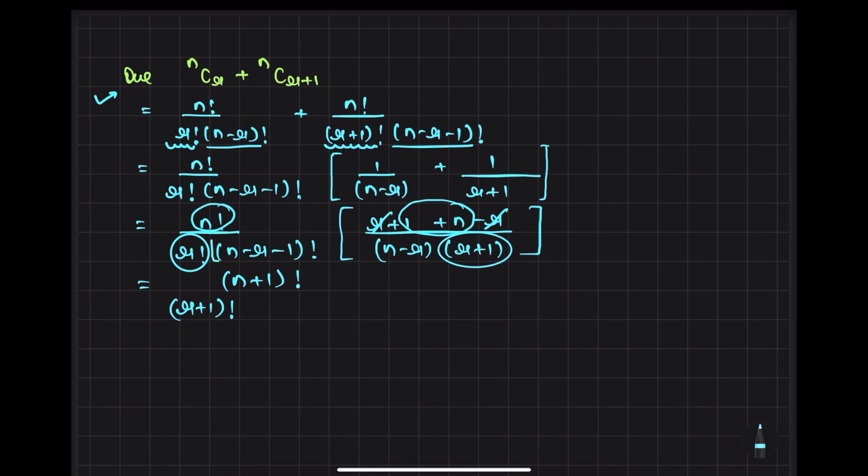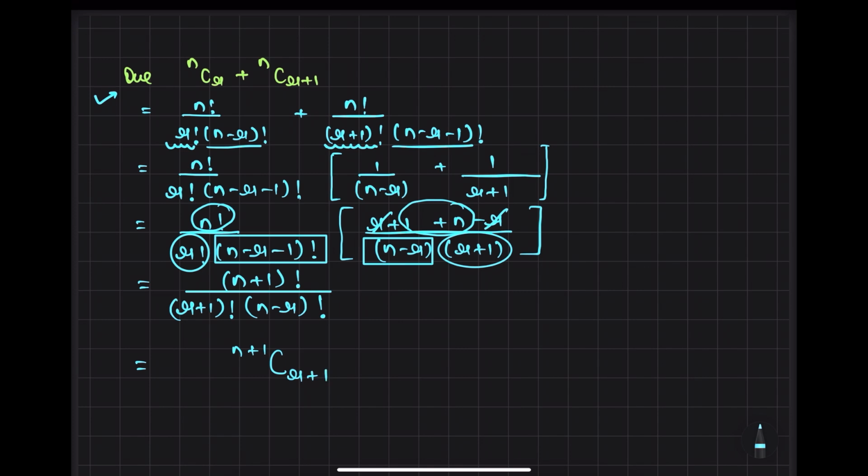Now look at this part. n minus r minus 1 factorial into n minus r. So can I write n minus r factorial? Okay, I hope till this part you guys are comfortable. Now finally what I want to write is n plus 1 C r plus 1.